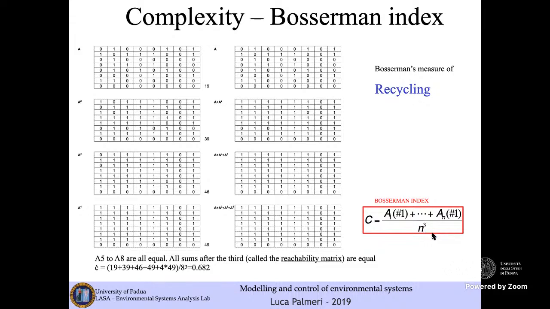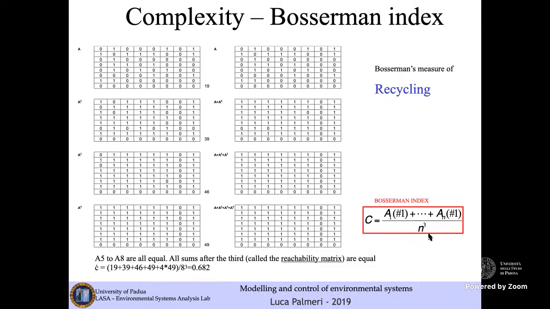This index, what is called the Bosserman index, is another holistic indicator giving us an idea not only of the topological connectivity of our network, who is connected by whom, but also giving some indications on how much the currency is circulating or cycling inside the ecosystem.